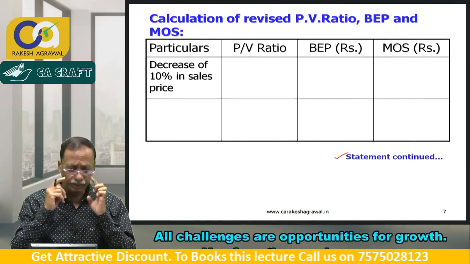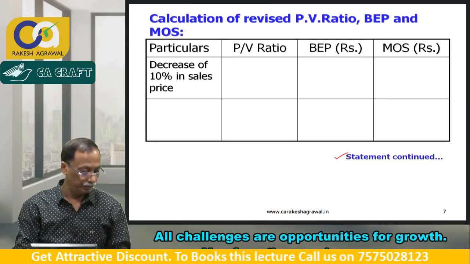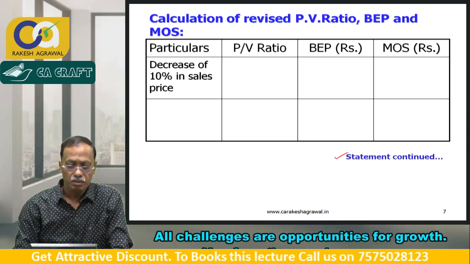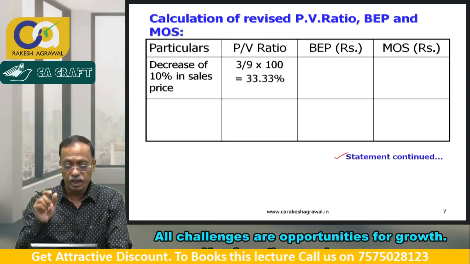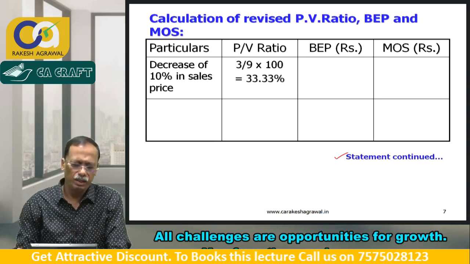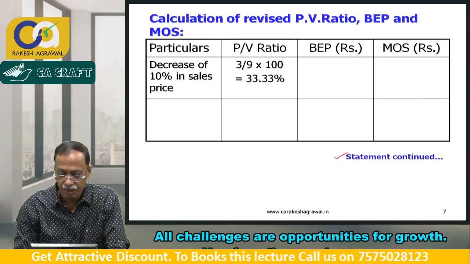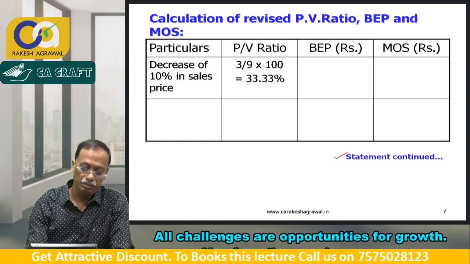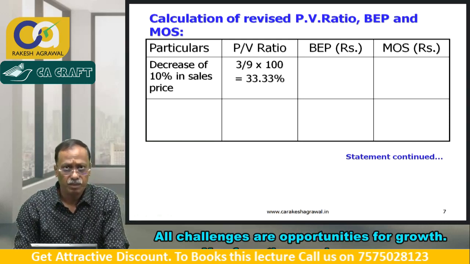For PV ratio, I will show the calculation also. It will become 3 by 9 into 100, that is 33.33%, or exactly 1/3.